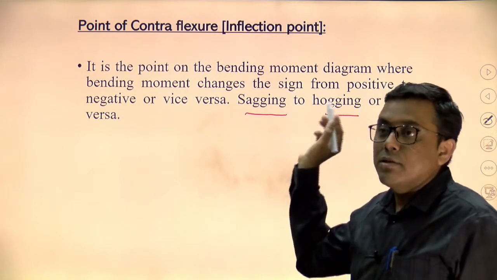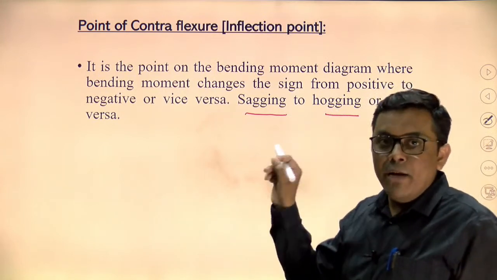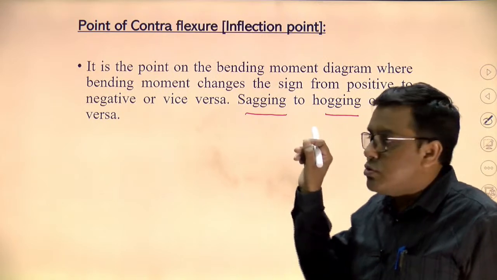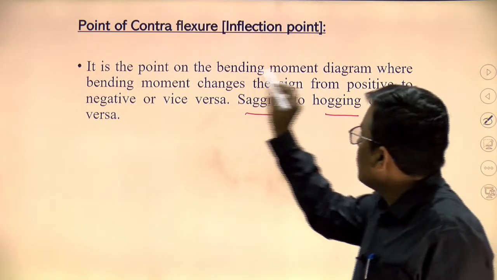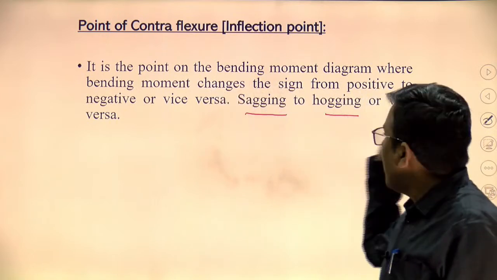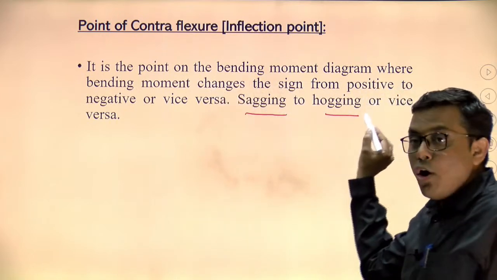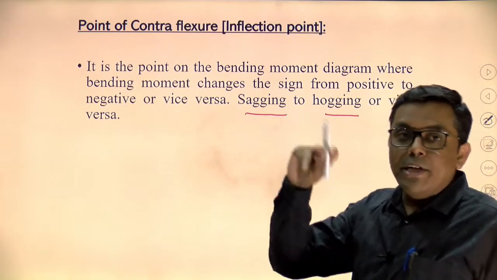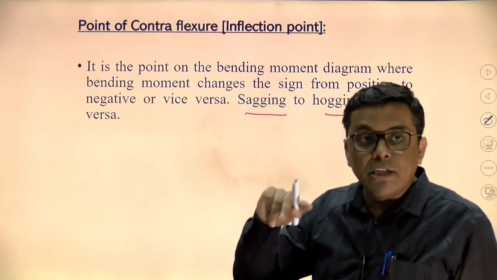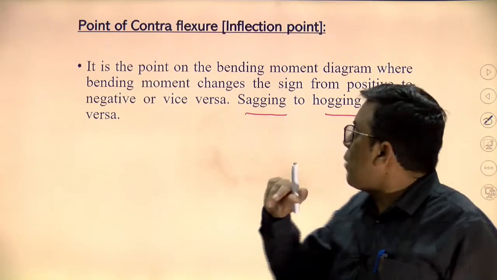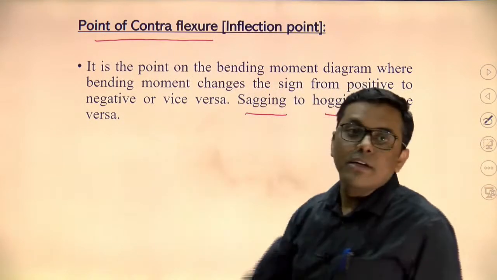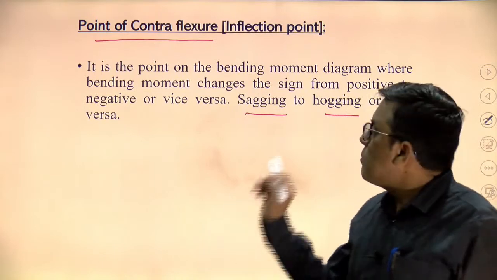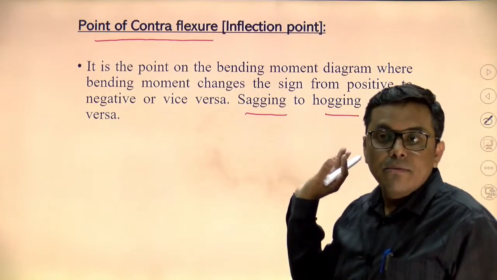So the point where the bending moment diagram is changing its nature, from positive to negative, from sagging to hogging, from concavity to convexity, that particular point is known as the point of contraflexure.